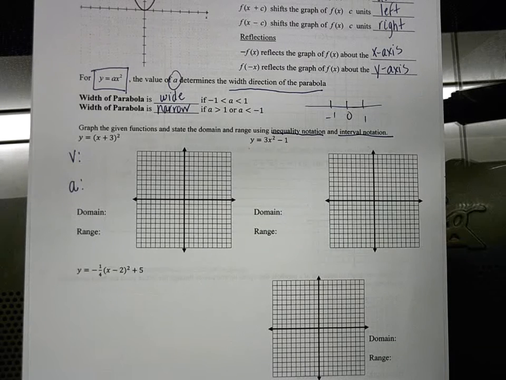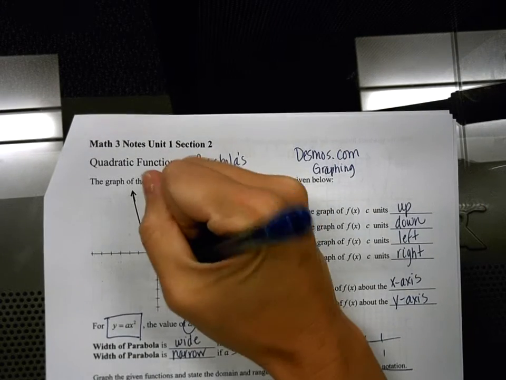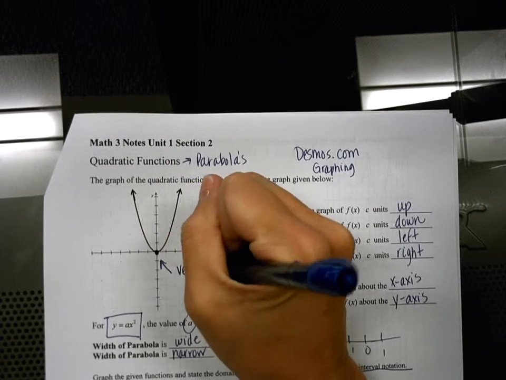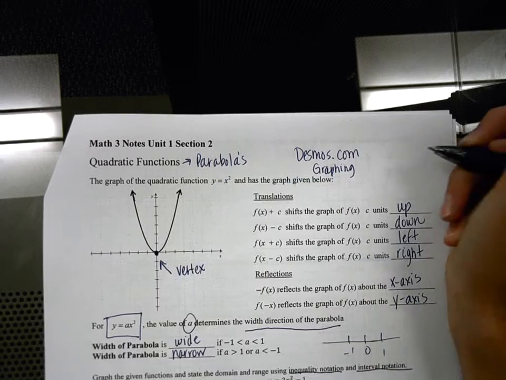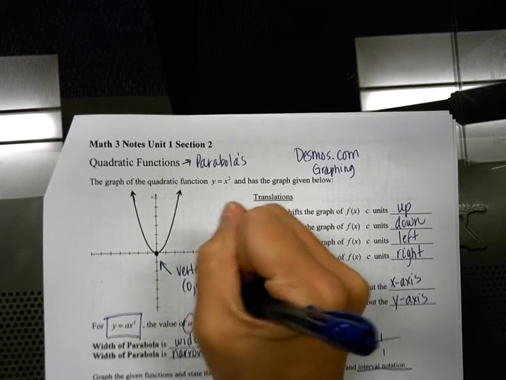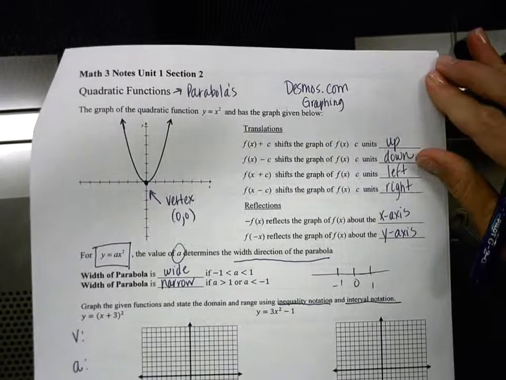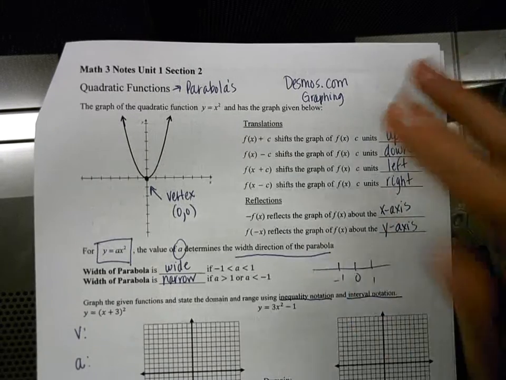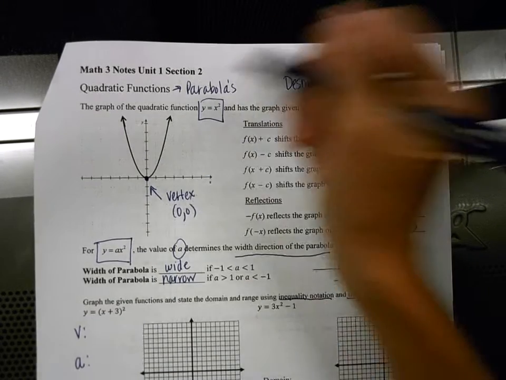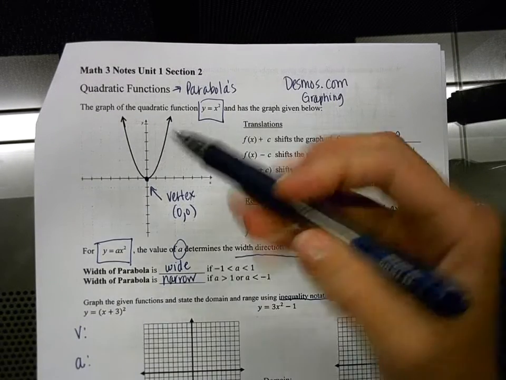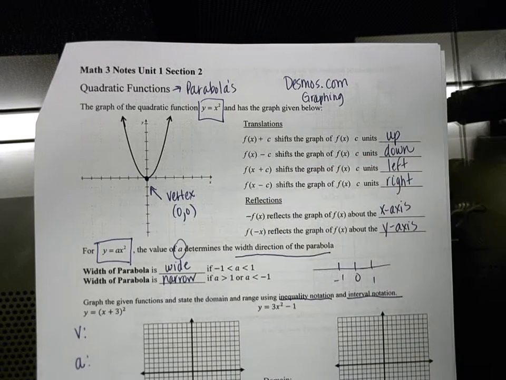What is the vertex? Good, like your center. Okay, so right here, this is my vertex, and what is that vertex value on that one? Very good. Okay, so it's 0, 0. The A value on this, do you guys know what the A value is?